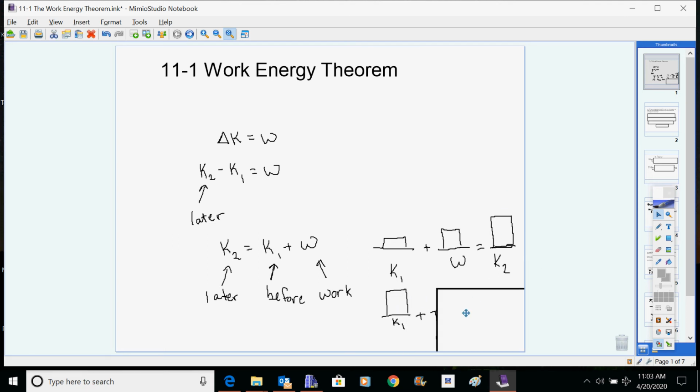Or if you had a certain amount of kinetic energy and you had negative work, so yes, there can be negative work, like if that kick was in the opposite direction, or you're pumping the brakes or something like that, then the kinetic energy is reduced, so it becomes less.